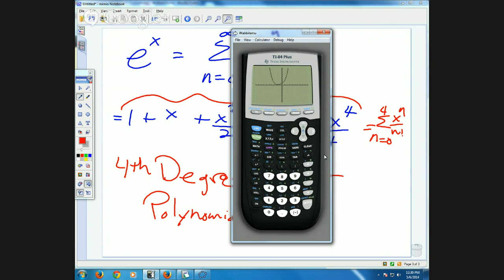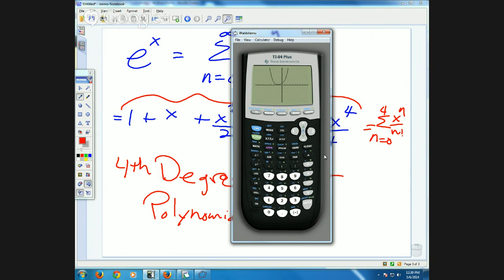Something's wrong. Y equals some sequence. Oh no, we're not doing e to the x. We're doing the terms. So you should have x to the a over a factorial. So you had the wrong thing there.